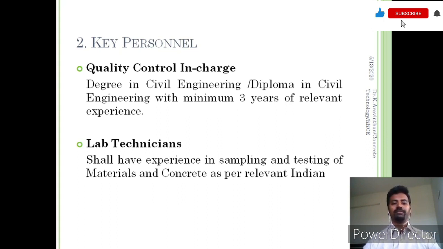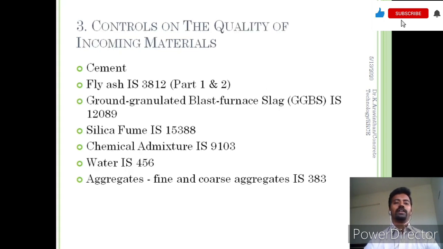He might hold a degree in civil engineering or a diploma with 3 years of relevant experience. So there is scope of employability in ready mix plants for engineers, and the technicians shall have experience of sampling and testing of materials as per the relevant Indian standard code. The civil engineer has the key role in maintaining the quality standard of the concrete.